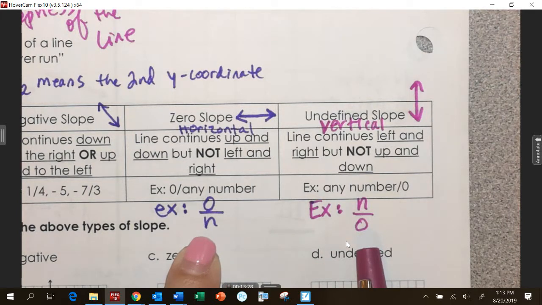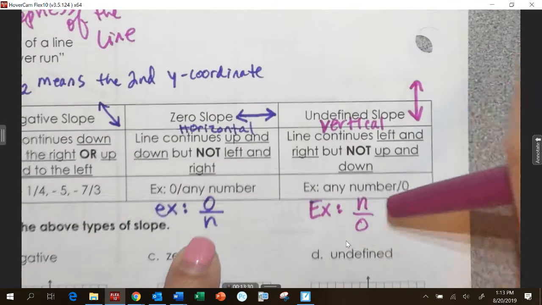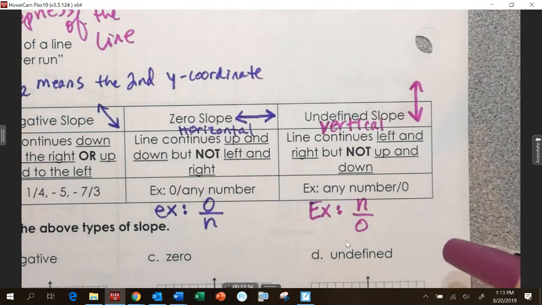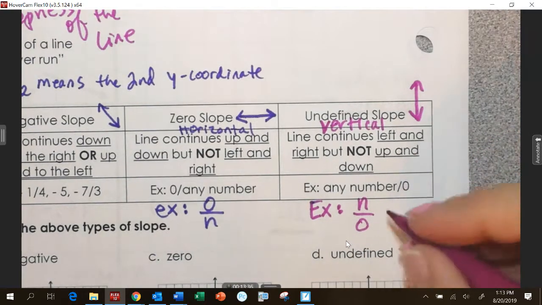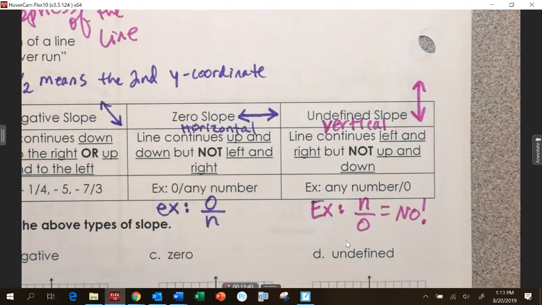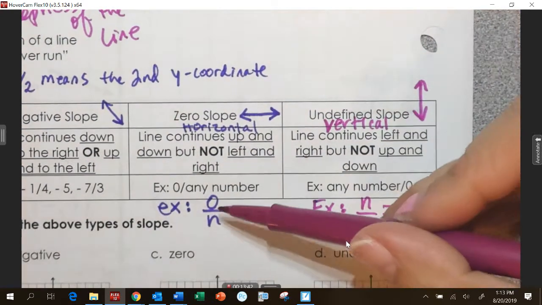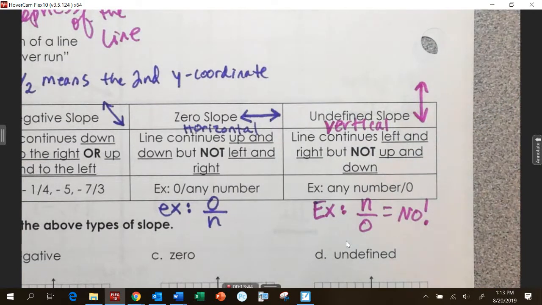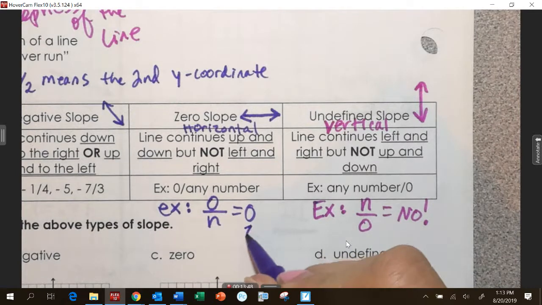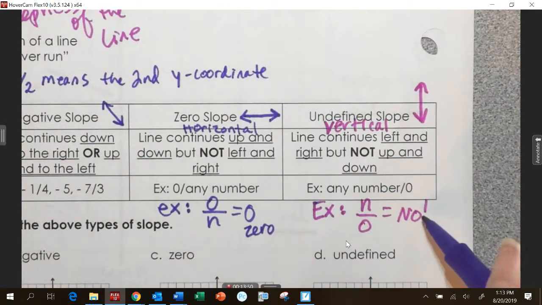But if you look at the undefined and you look at n over 0, that says no. This is the one you can't do. So that's the one that's undefined. The other one, 0 over n, if you get a 0 over any number, it is 0. But this one, no, you can't do.